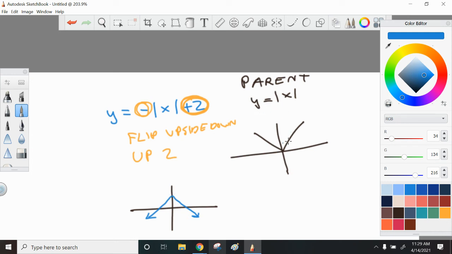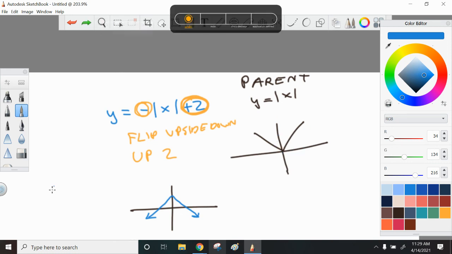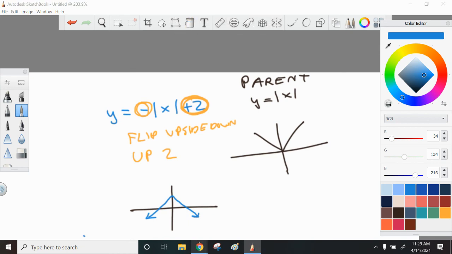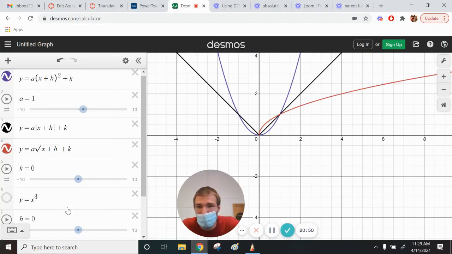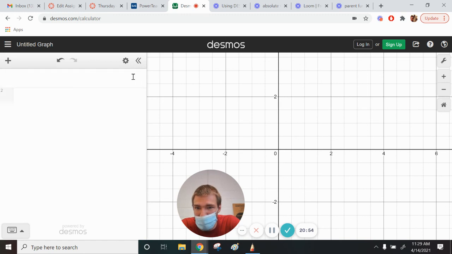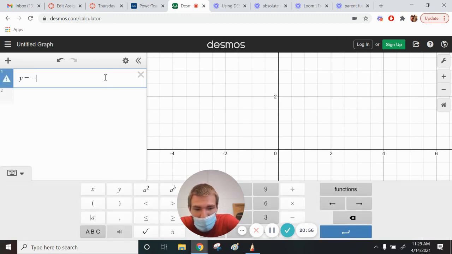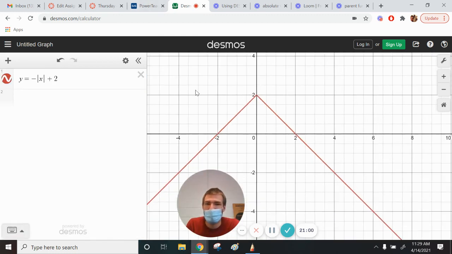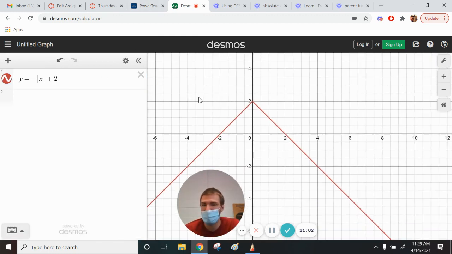It's the parent of the V upside down, up 2. And so it should look like this. We go to Desmos, and then we go to type it in, right? Let me get rid of all of these. Y equals negative absolute value of x plus 2. Perfect, right? An upside down V that's moved up 2.